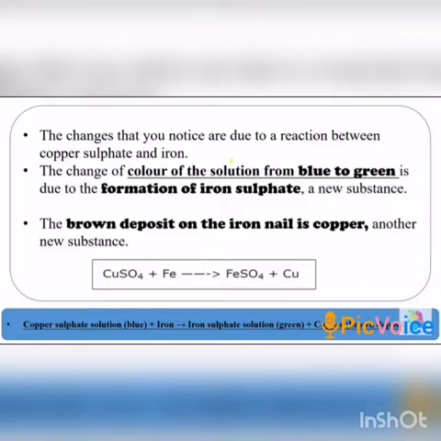What are the products? Iron sulfate and copper. These are the two new products formed by this change. So, dissolving an iron nail in copper sulfate solution is a chemical change. Do you understand, children? Yes.